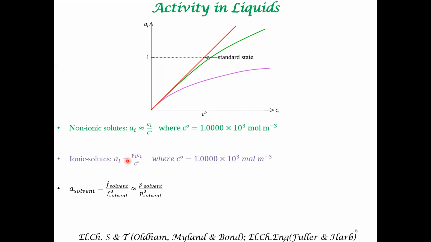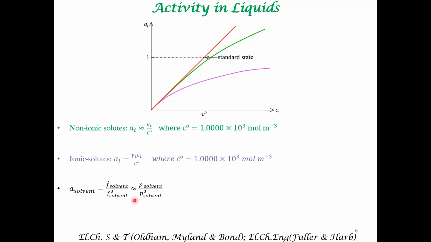Just to get a closure on activity of liquids, the liquid here contains two parts. One is solute, that's what we discussed in greater detail. There's also this other component. Solvent is the dominant component in a solution. The activity of a solvent is typically given by the fugacity of the solvent divided by the fugacity of the pure solvent at that temperature.